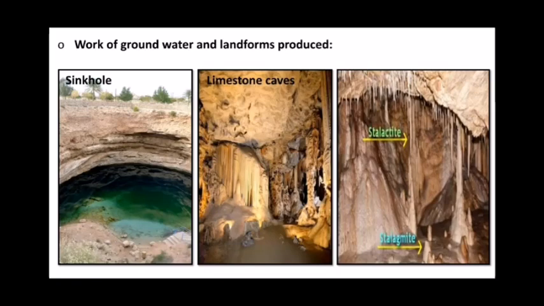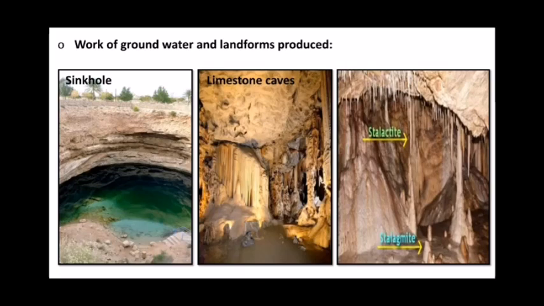This collected water is called the groundwater. So children, the soluble minerals in the water, soluble means what? Those minerals that dissolve in water. So these soluble minerals get dissolved and flow with the groundwater.